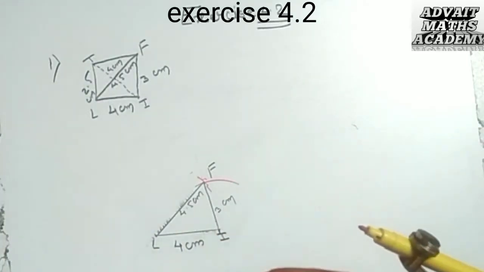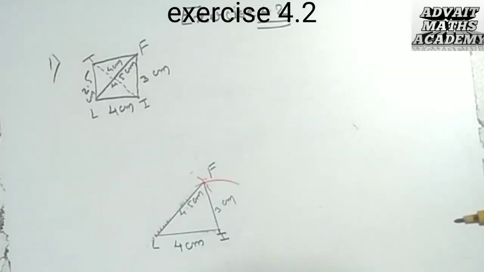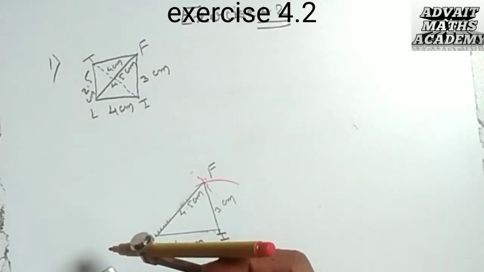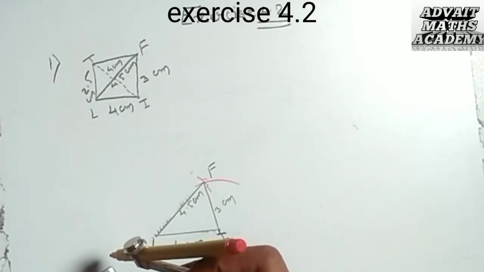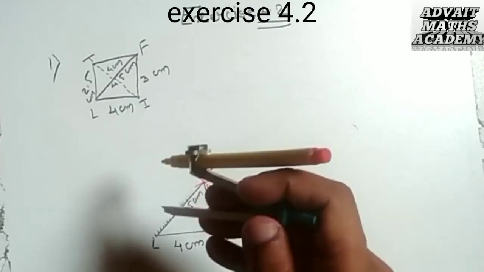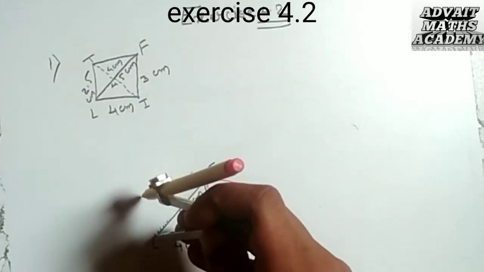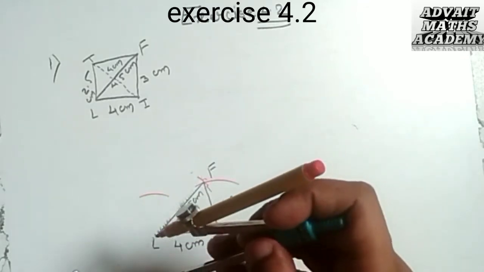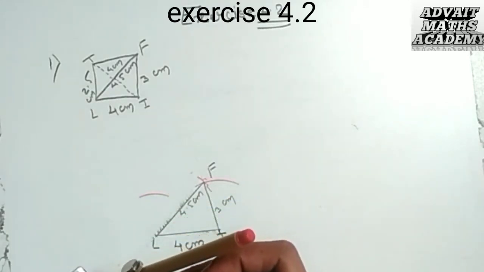Similarly, take again distance 2.5 centimeter in your compass. From L, mark. And second one is 4 centimeter.